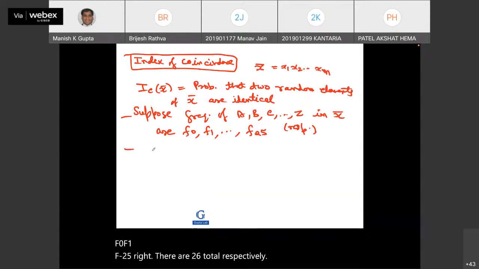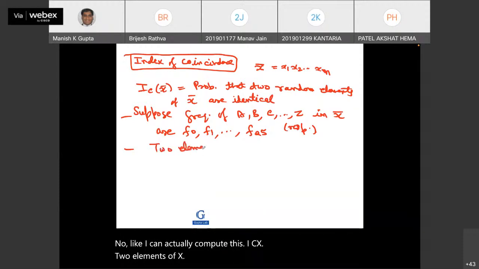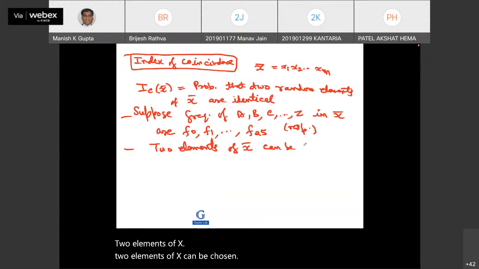Now I can actually compute this IC of x. Two elements of x can be chosen in n choose two ways.